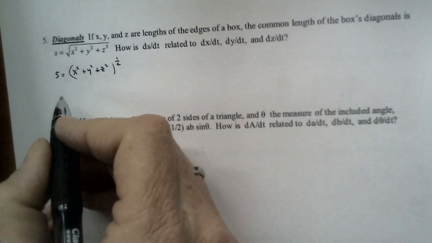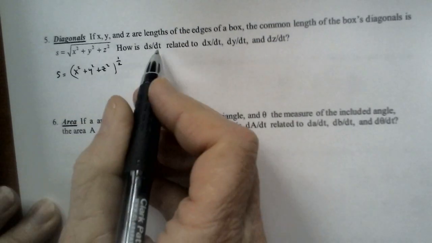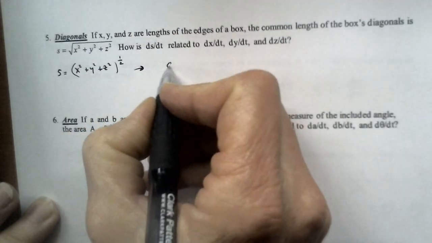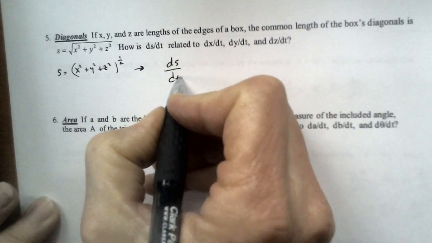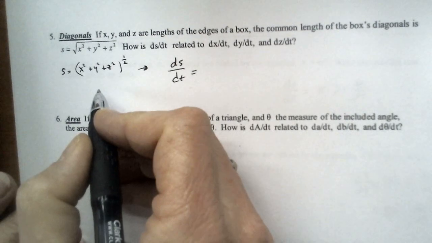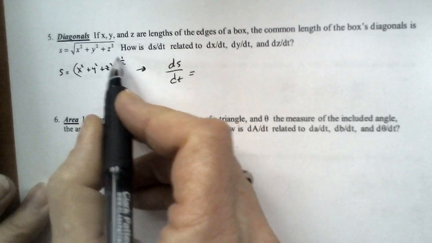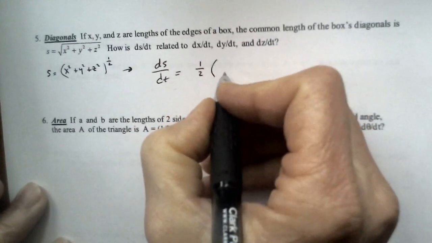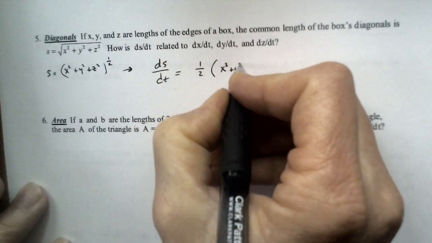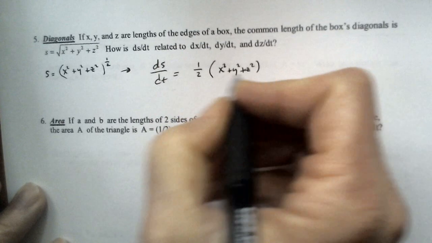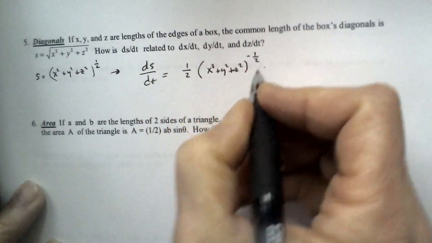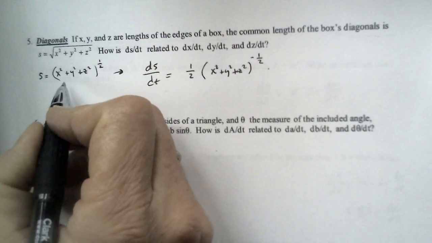And then if you wanted to take the derivative of that, how does ds/dt relate to that? You take the derivative of the left, which is ds/dt. And now you have a chain rule. The derivative of that right-hand side, you bring the 1/2 down front, 1/2 times (x squared plus y squared plus z squared), subtract 1 from the exponent to get negative 1/2, but then you have to multiply that by the derivative of the inside.